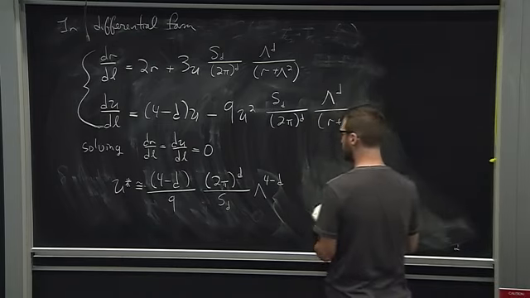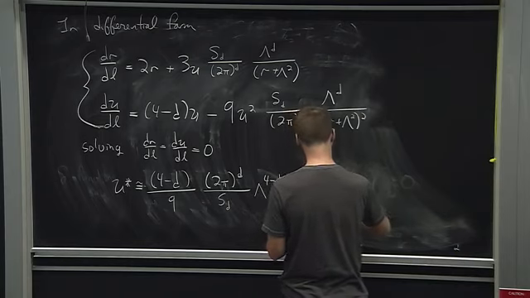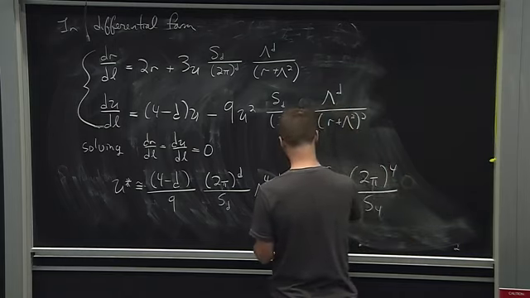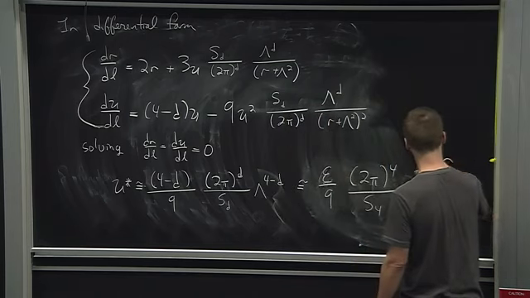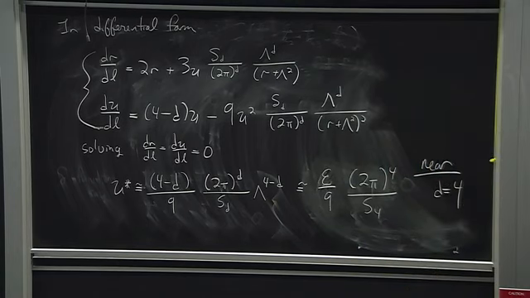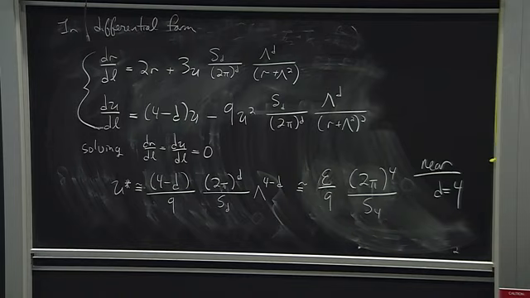So then I can write this as epsilon over 9. Okay, so the idea is we're assuming that the distance from 4 dimensions is small. And then that's the expressions we'll use. Epsilon over 9, 2 pi over 4. Yeah, that's right. Okay? So that seems crazy. And it is.